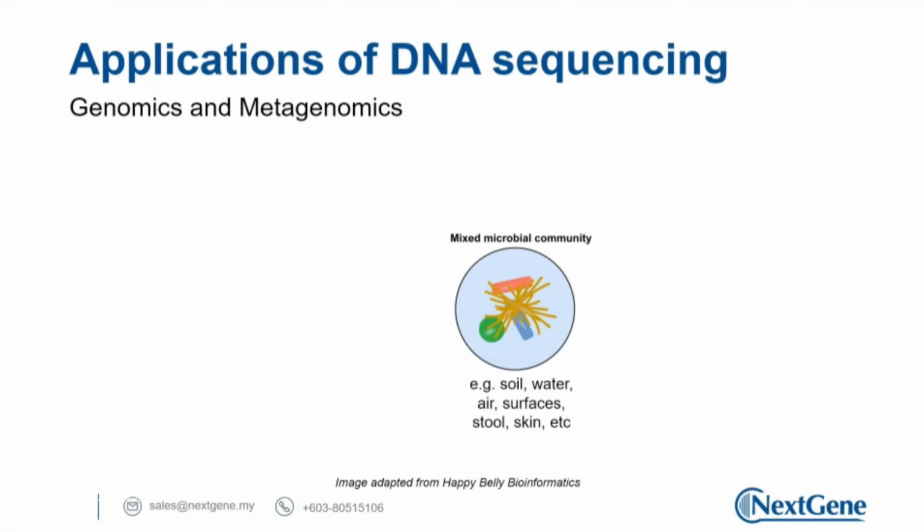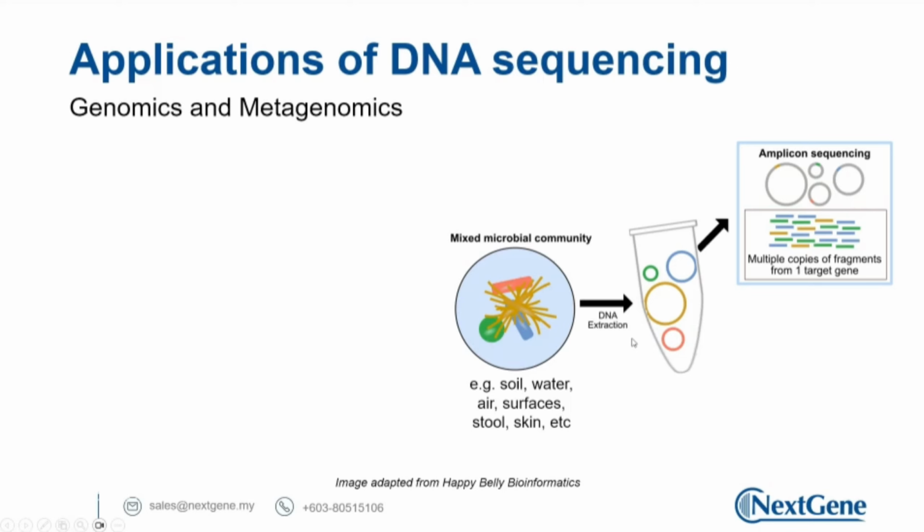When we want to study the DNA inside these samples, one of the ways will be to directly extract the DNA from the samples by using suitable extraction kits. After getting the total DNA from the sample extractions, we might go for amplicon sequencing, targeting perhaps one gene inside the samples.